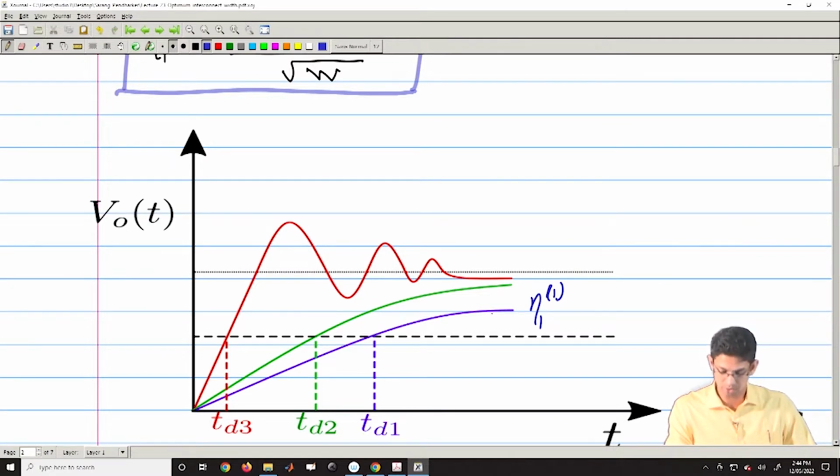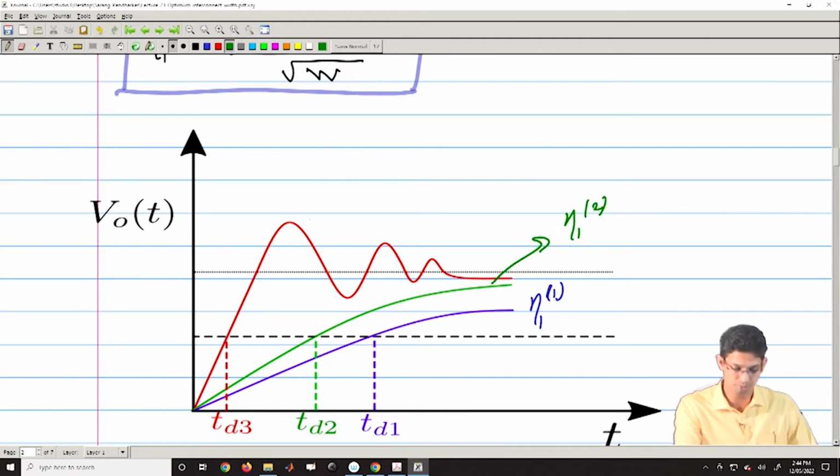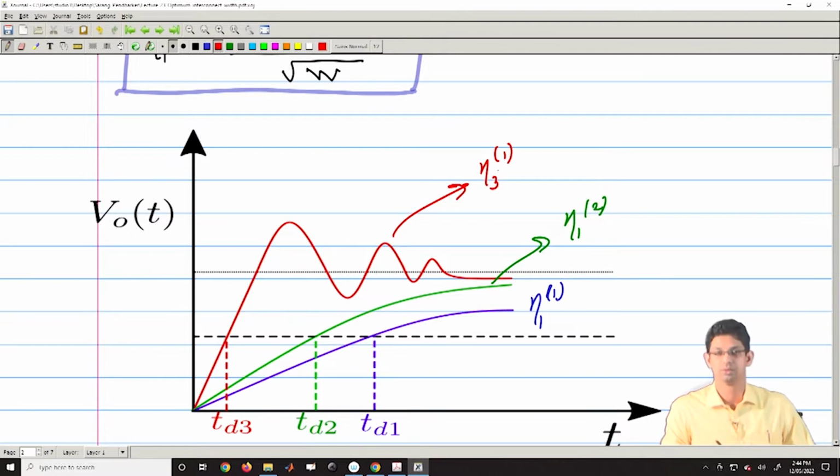So, for this case you will have a response like this. For this case you have an eta 1 of 2, and for this case you have an eta 3 of 1. Now, from our previous analysis we knew that this is an underdamped system, there are overshoots present with ripples.